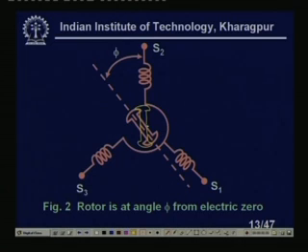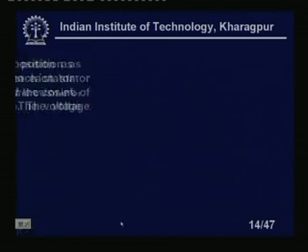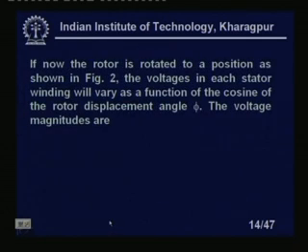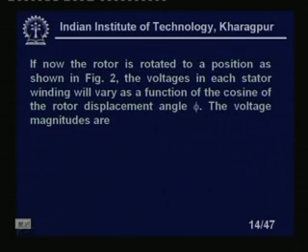The position I showed earlier is considered to be electrical zero. If the rotor is now rotated to a position as shown in figure 2, the voltages in each stator winding will vary as a function of the cosine of the rotor displacement angle phi.